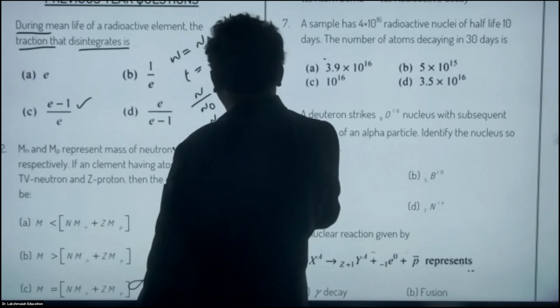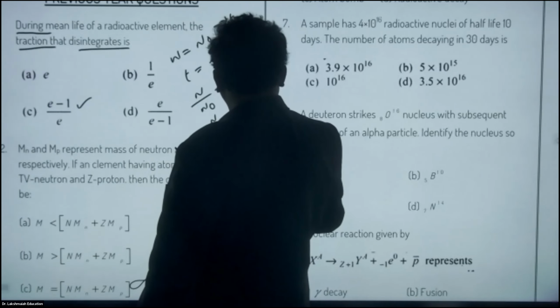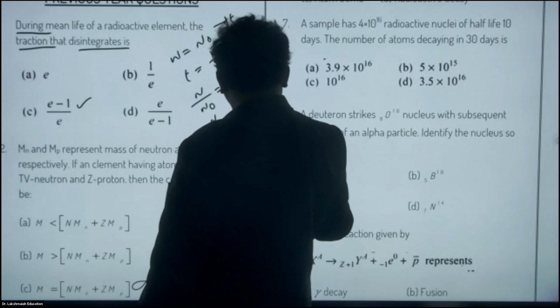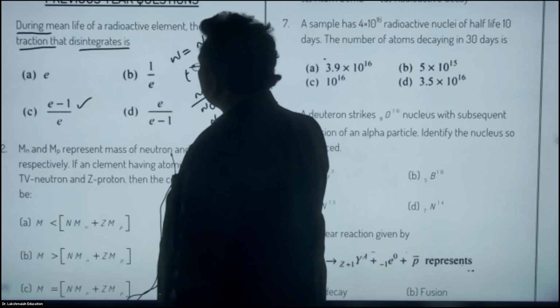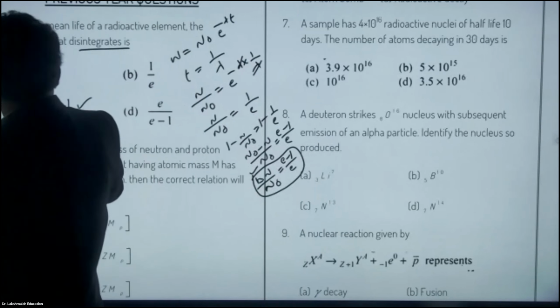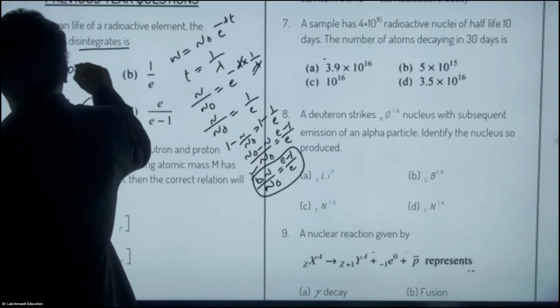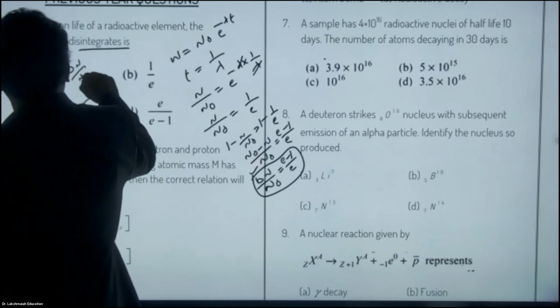So (N naught minus N) by N naught, that is delta N divided by N naught, is equal to (e minus 1) divided by e. This is the answer. They are asking you delta N divided by N naught.